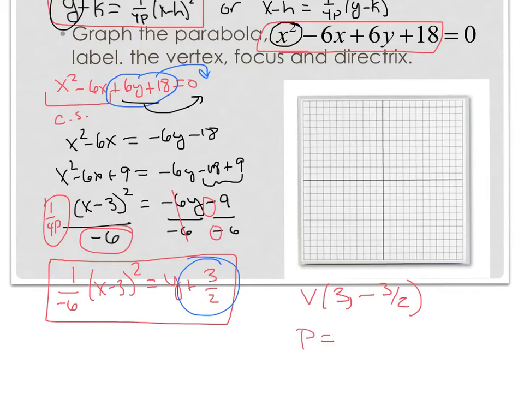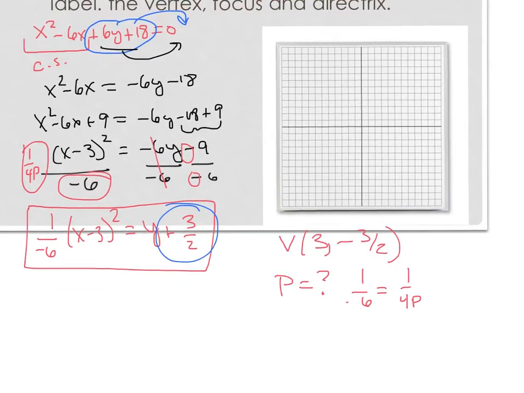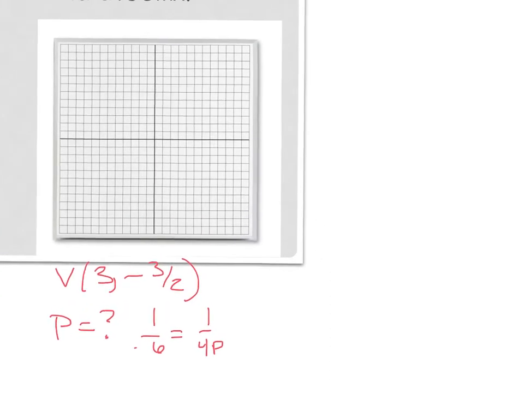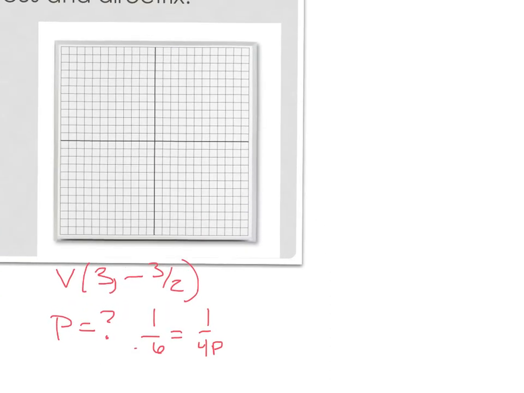What's p equal to? So I got to take this 1 over negative 6, set it equal to 1 over 4p, and cross multiply. Okay, so when I cross multiply, I get 4p is equal to negative 6, so p is equal to negative 6 over 4, which is negative 3 halves.